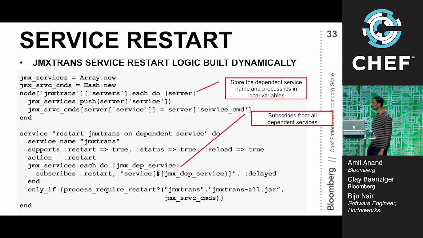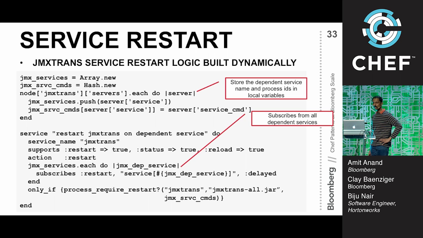So what happens in the JMX trans recipe is it will walk through that data structure, and then it stores the service names in an array and all the strings which can identify the processes in another hash.